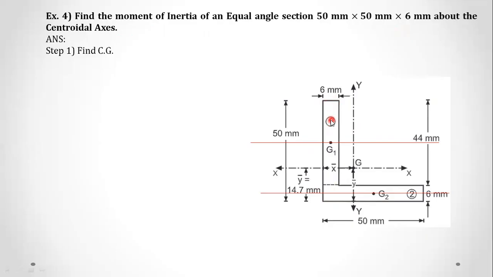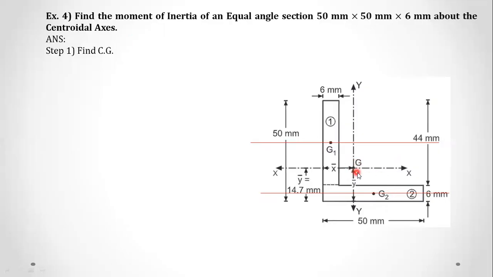Consider this is rectangle number 1 and this is rectangle number 2. The first rectangle has its own centroidal axis G1. The second rectangle has its own centroidal axis G2. So one axis passes through G1 and another axis passes through G2, its own centroidal axes.